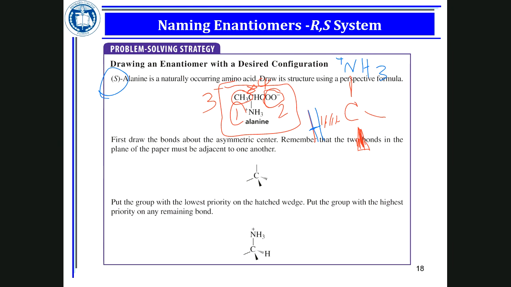This is your priority 1. Starting with priority 1, draw counterclockwise, because hydrogen is going away from you. So for S, it has to be counterclockwise. Starting with 1, draw a counterclockwise loop.